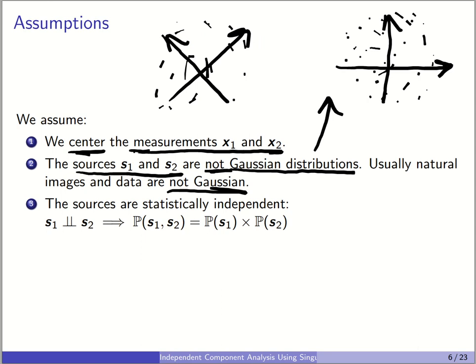Both can be valid, so it confuses the algorithm. This is one reason. And we assume that the sources are statistically independent, so we denote it by this. As they are statistically independent, we can write their joint distribution as the multiplication of their marginal distributions.